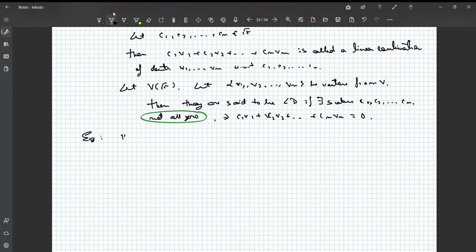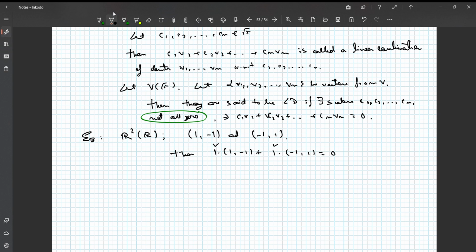An ordinary example of this might be, if you consider the vector space R2 over R, and you choose the vectors 1 minus 1 and minus 1 1, then obviously 1 times (1, minus 1) plus 1 times (minus 1, 1) equals 0. So both of them are non-zero, right? This is a pretty easy example to just understand what is happening.